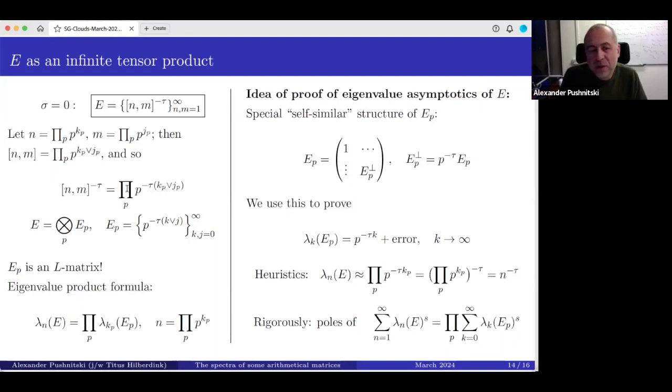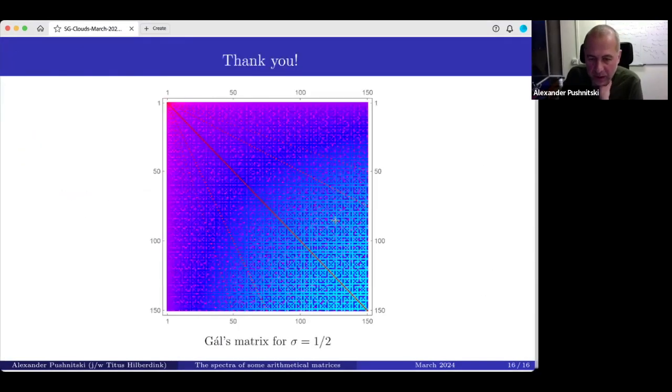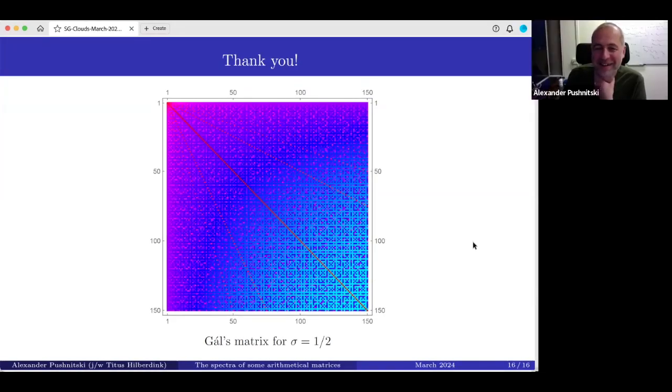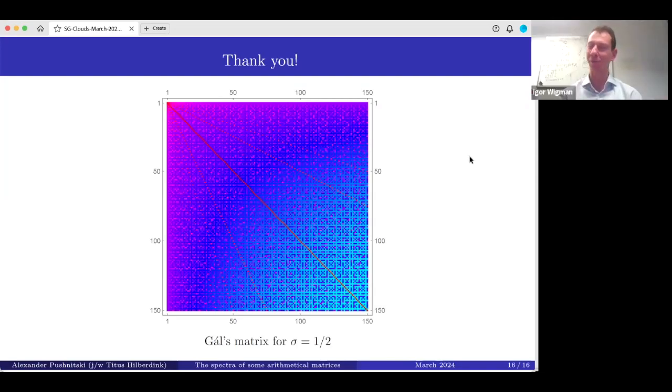This one is for EP, for one element in this product. So it's hard for me to say. Going back to this one, I'm not sure it's fractal. I cannot comment really. It looks like it's of the same spirit, but I wouldn't be able to say.